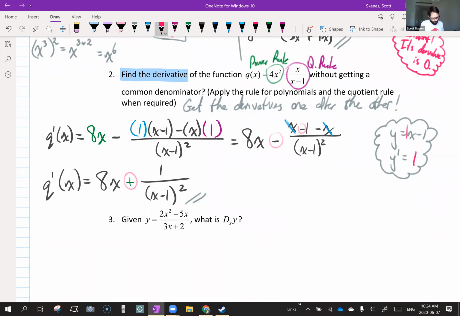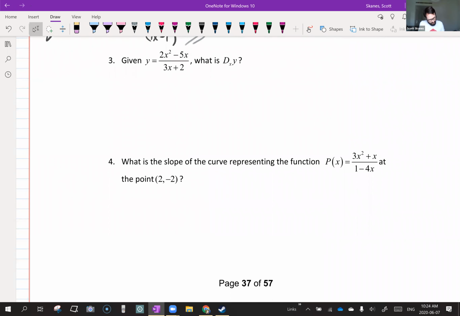All right, let's keep going then. I want to keep giving you practice today because it's fundamental stuff, okay? So let's keep on going. Given that this is true, what is dy/dx? All right, well, let's just be clear what this means. What is the derivative of y with respect to x?